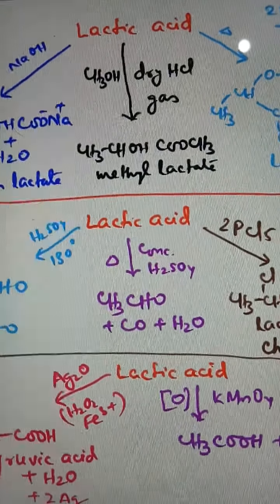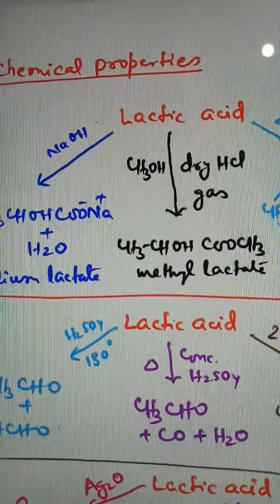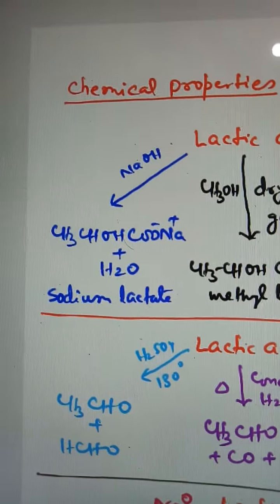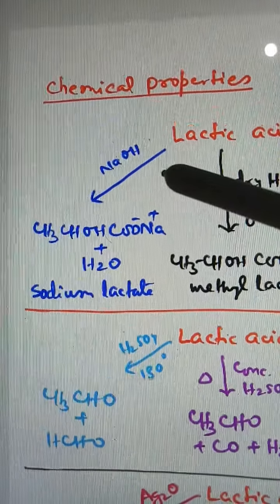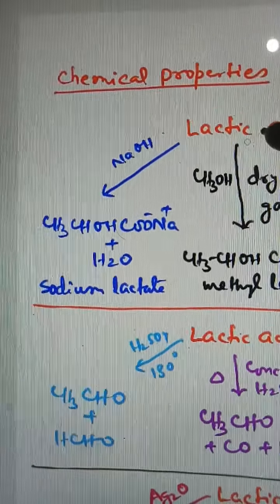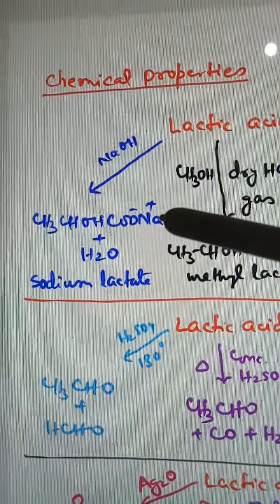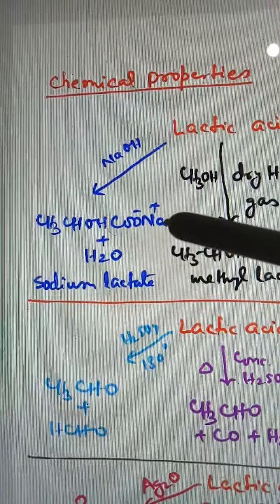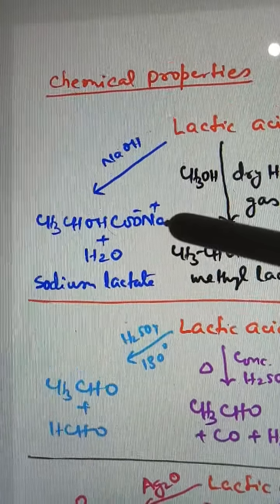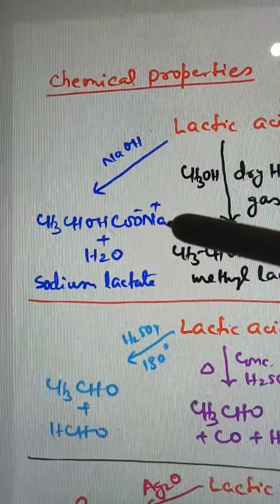Formation of salt: you can see this is lactic acid. If you react with sodium hydroxide, what will happen? Lactic acid reacts with alkalis and alcohol to form salt and ester respectively.